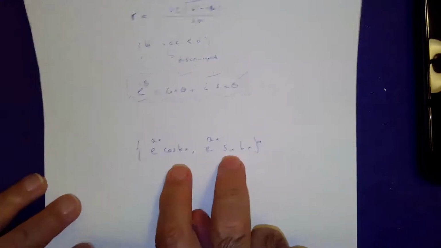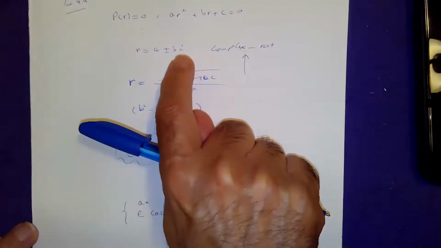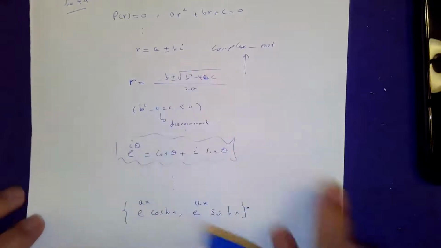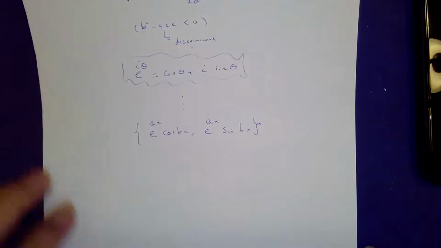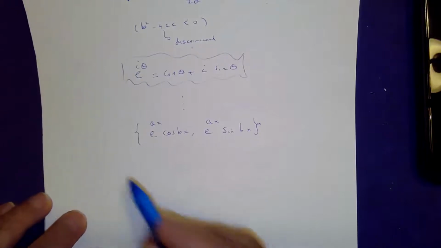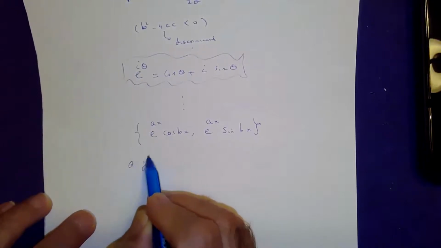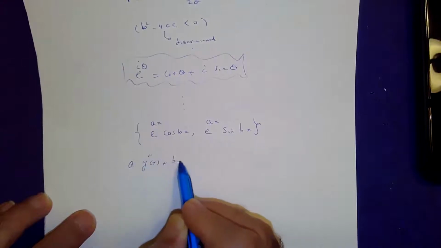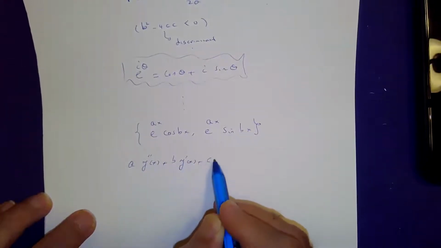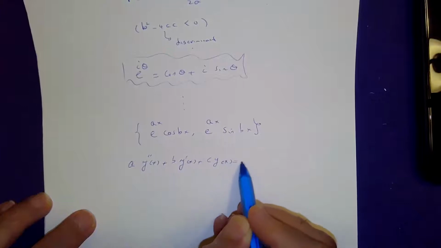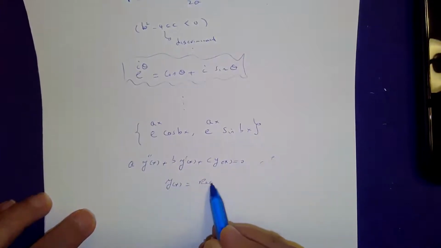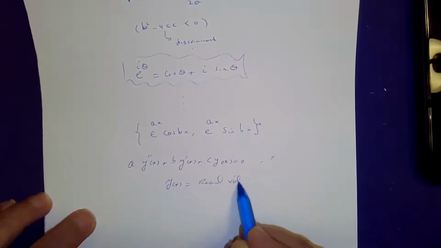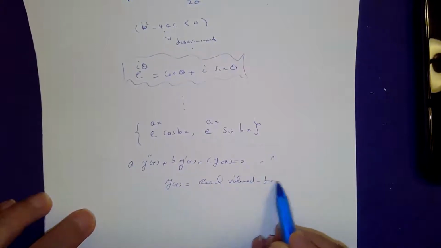Notice in your final solutions, you should absolutely have no i in it, because the ordinary differential equation will be in terms of a real function, like a y double prime of x plus b y prime of x plus c y of x equals 0. But remember, y of x is a real valued function.